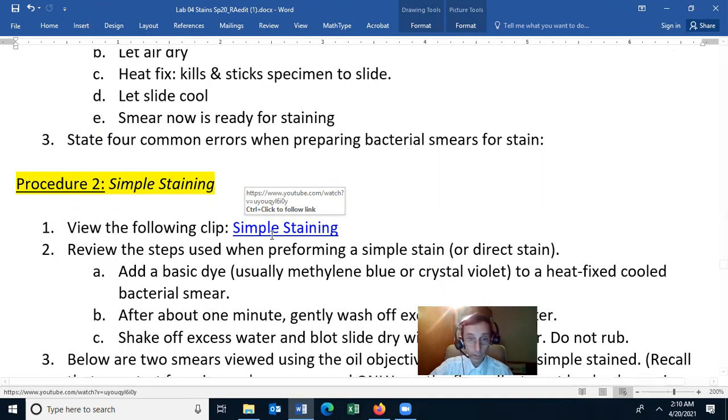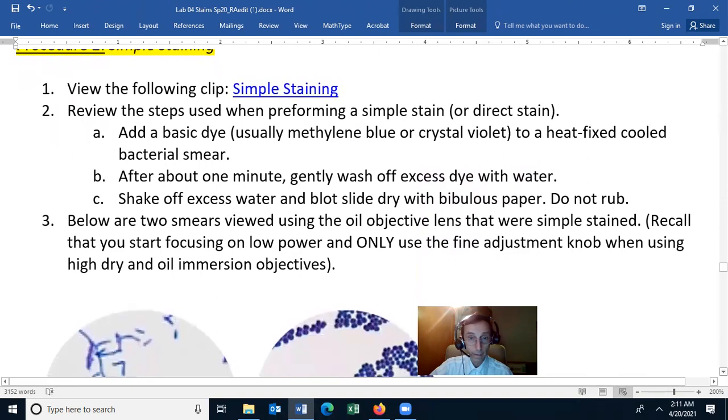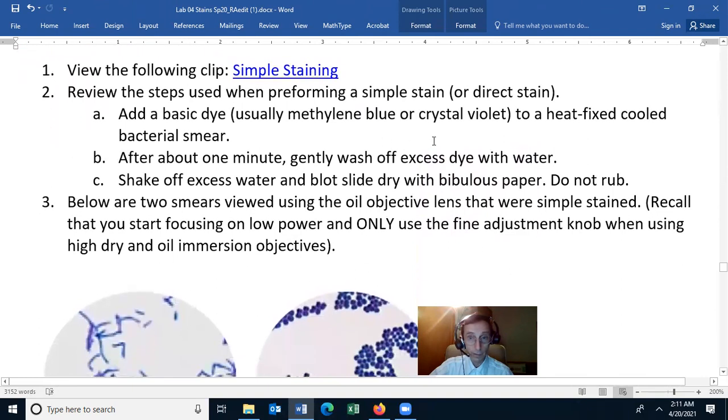Remember, you're only using one dye in a simple stain, and it stains all the cells the same, depending on what the color of the dye is. Usually you use methylene blue or crystal violet, but you can use other dyes for making a simple stain.